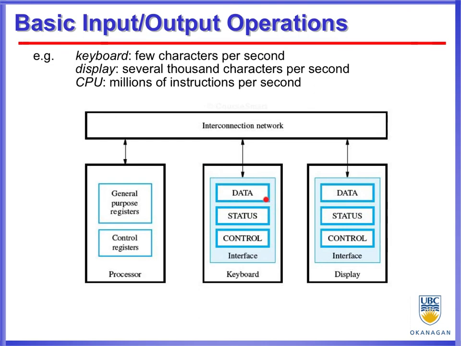This data register is the place where, when you press a key on your keyboard, the circuitry in the keyboard goes, she pressed the W, I have to put the ASCII code for W into my data register. Now that W can be transferred over the cable to the CPU. Other way around in the display, I've got a data register as well.